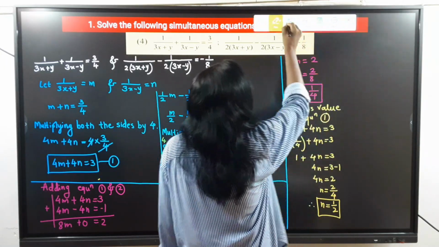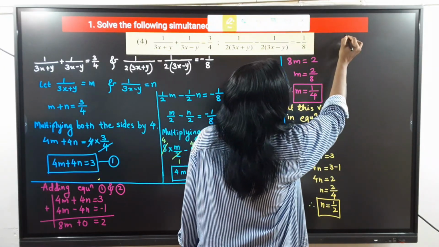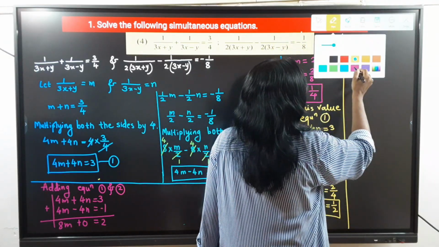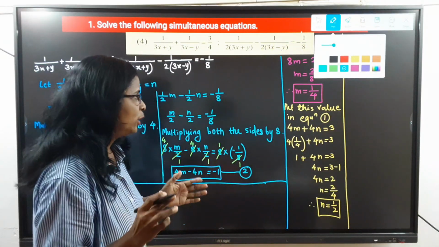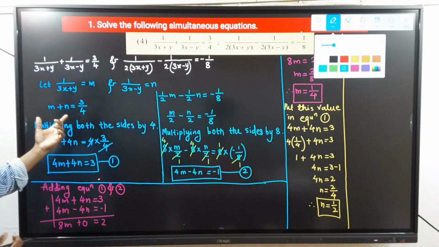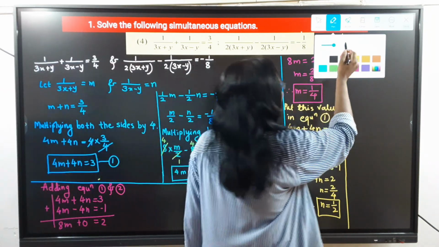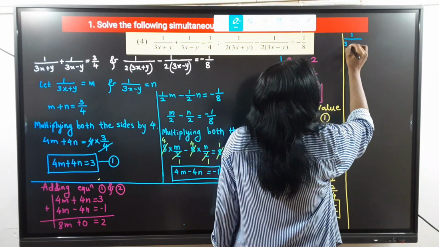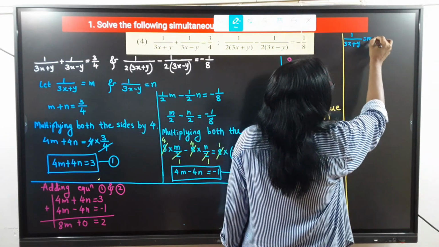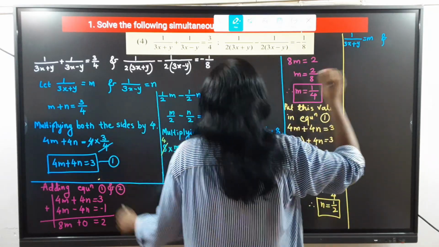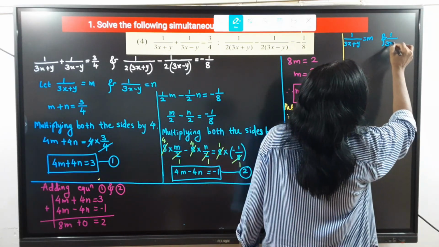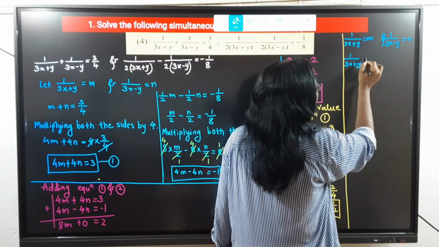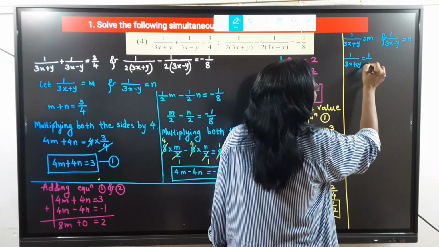Now finding out the next values, that is x and y. Here the assumptions are 1 upon 3x plus y is equal to m, and 1 upon 3x minus y is equal to n. Therefore 1 upon 3x plus y is equal to 1 upon 4.